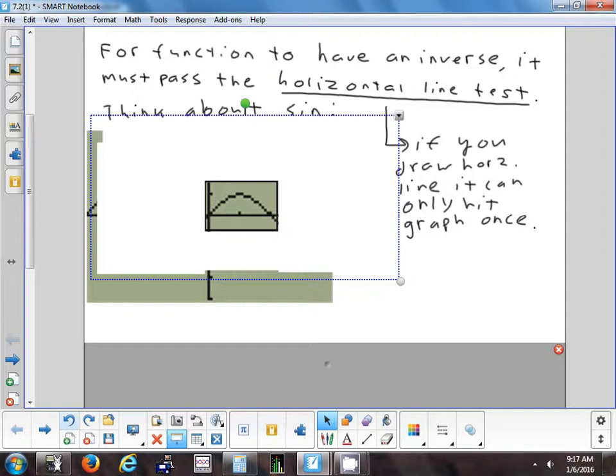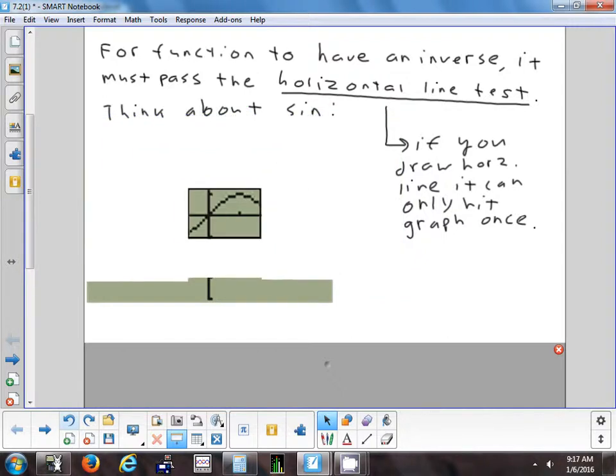Yeah. That's not going to work. But if we slide it a little bit, and we look at something like just about like that, we can make it so that if we draw a horizontal line, it would only hit once. I'd have to just make it a little smaller. Okay, so that's our solution.